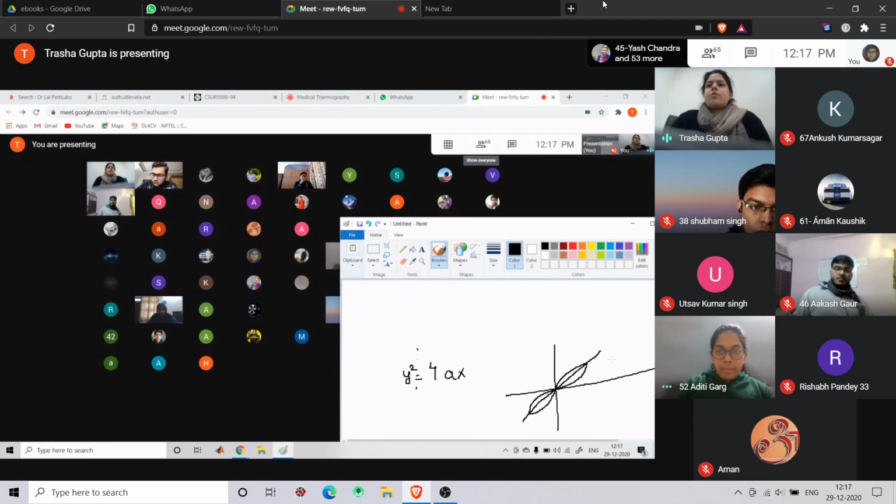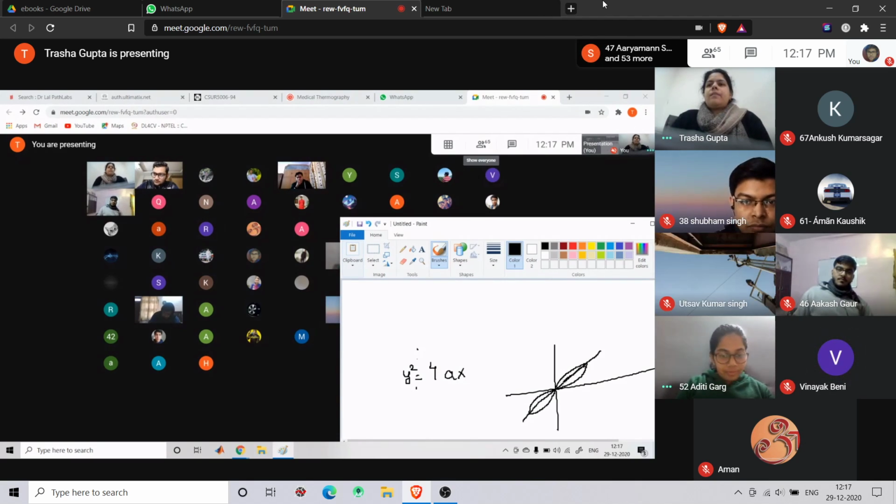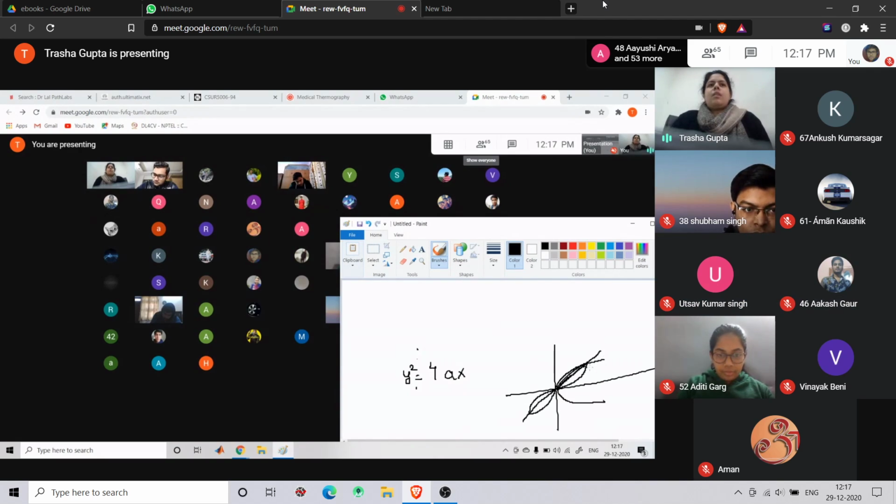It is going to be like this, right? So this curve is symmetric about x-axis.